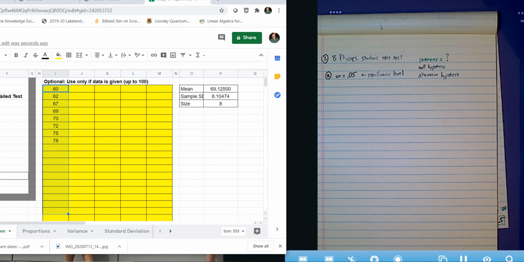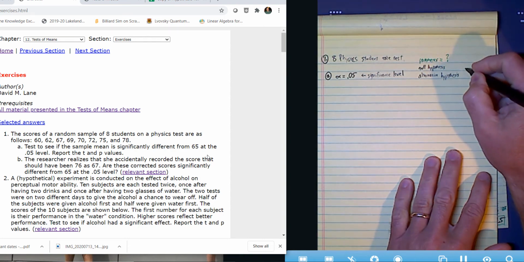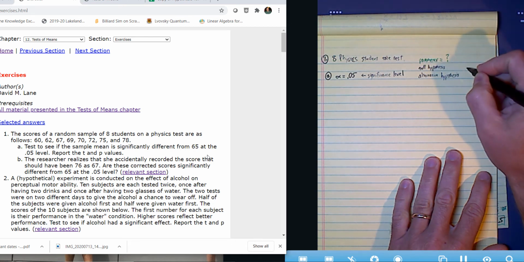I want to go back to the problem and say a little bit more about what they're asking here. There's always a null hypothesis, okay? So the null hypothesis would be that the average, the mean, is 65. And again, when we talk about a parameter, we tend to use Greek letters.